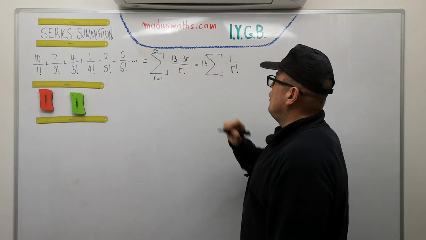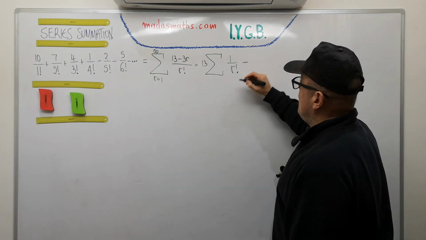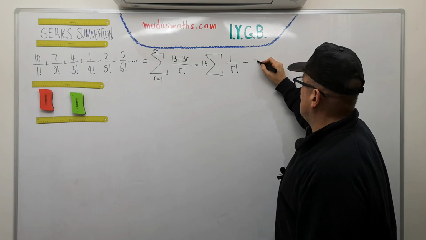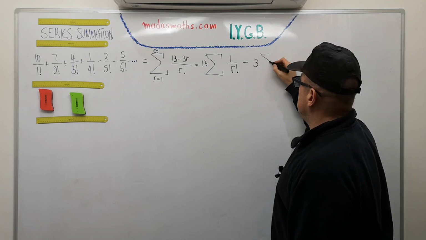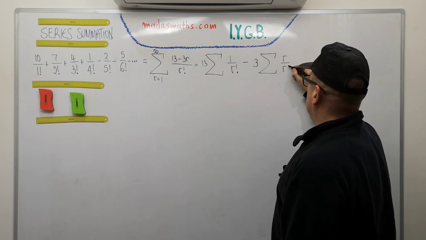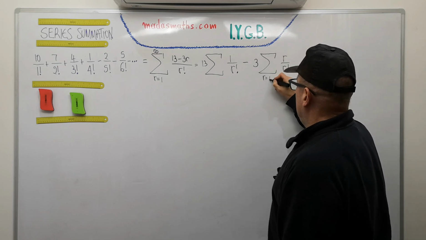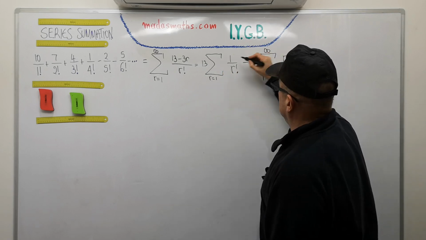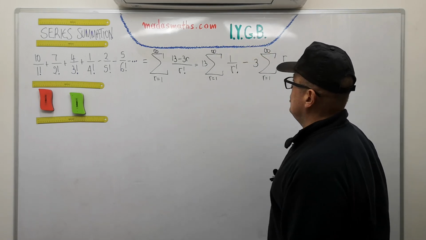So that's the 13 over r factorial, minus, I'm going to put the particulars on the sigma in a second. Let's put the 3 on the outside, and we got sigma, and we're going to have r over r factorial. Both sigmas, of course, run from r is equal to 1 to infinity. All right, so far so good.